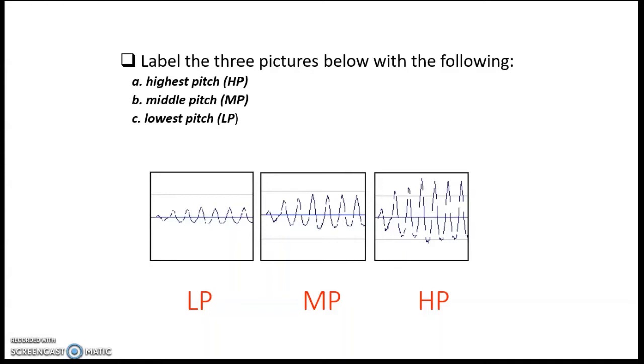It means LP. So, try to observe the picture. This one, the first one, is LP. The second one is MP. And the third one is HP. Here we have high pitch, middle pitch, and lowest pitch.